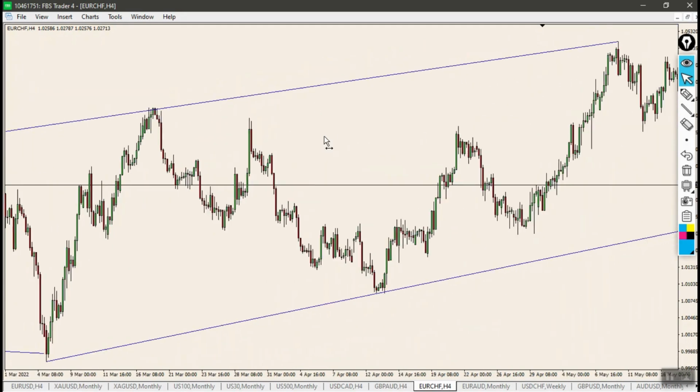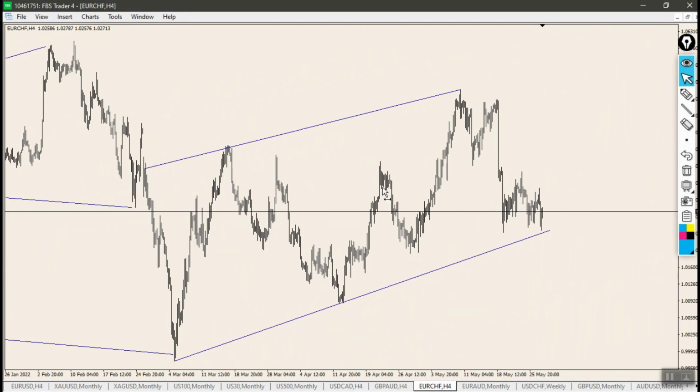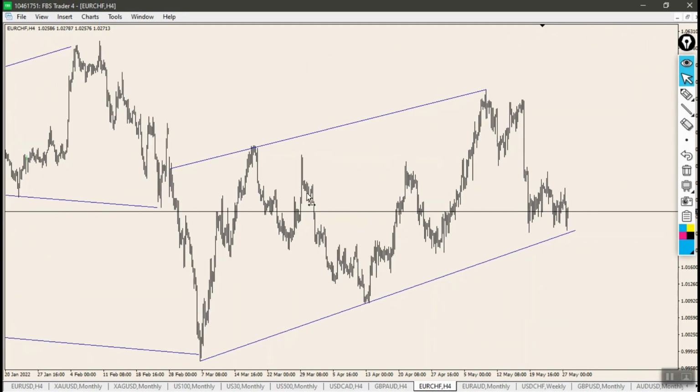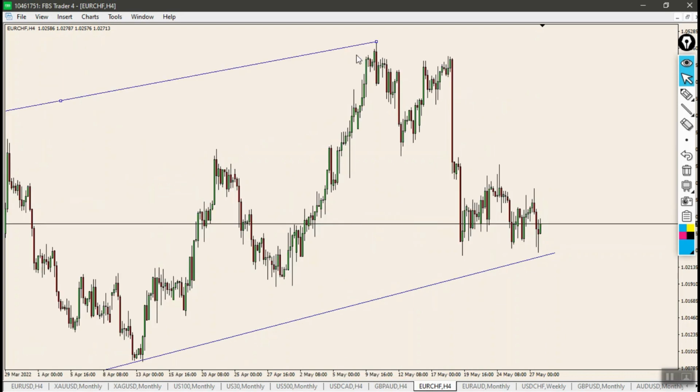Right, on the 4-hour chart, as you can see, here's the structure that I drew on the previous time frame, right? We see here the trend line which I highlighted previously. We see a first touch, second touch, third touch. On the third touch, we see a zone, right?